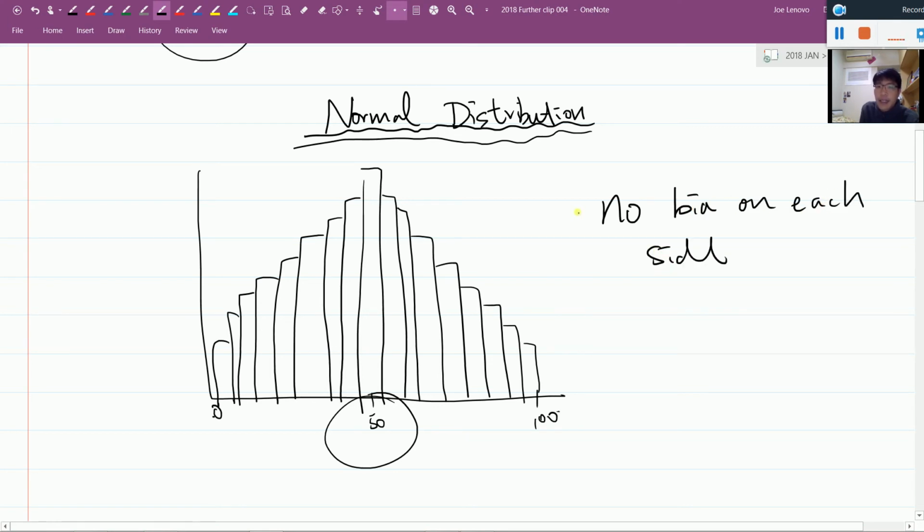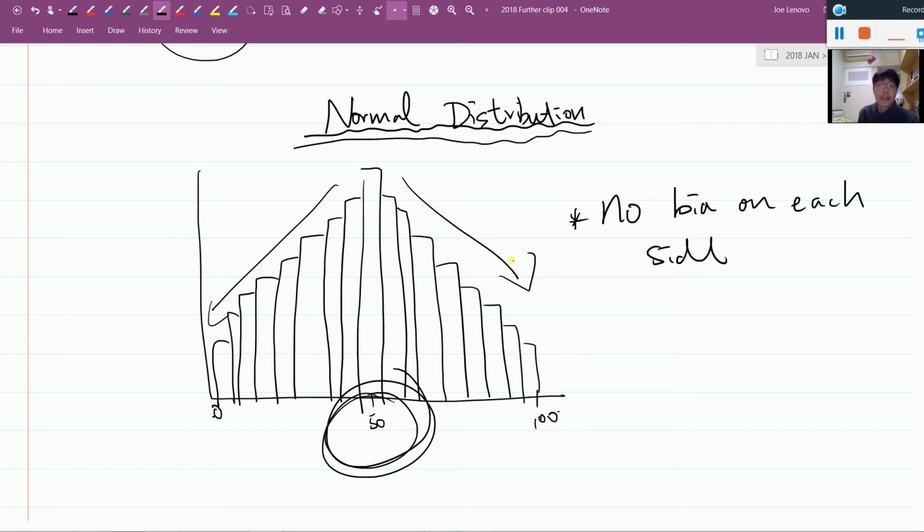So first, there would be a center value closer to the middle, and then you'll find that the trends on each side are roughly the same. There's no bias on each side. If we encounter this type of distribution, which happens a lot around the world, we call it a normal distribution.